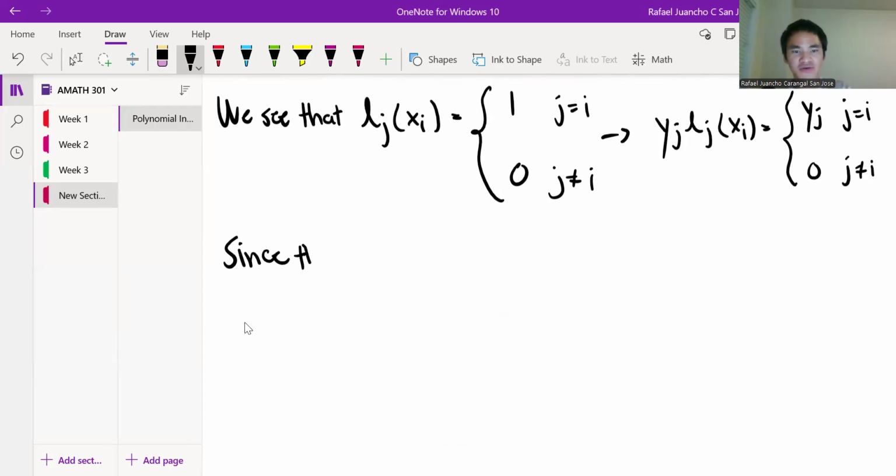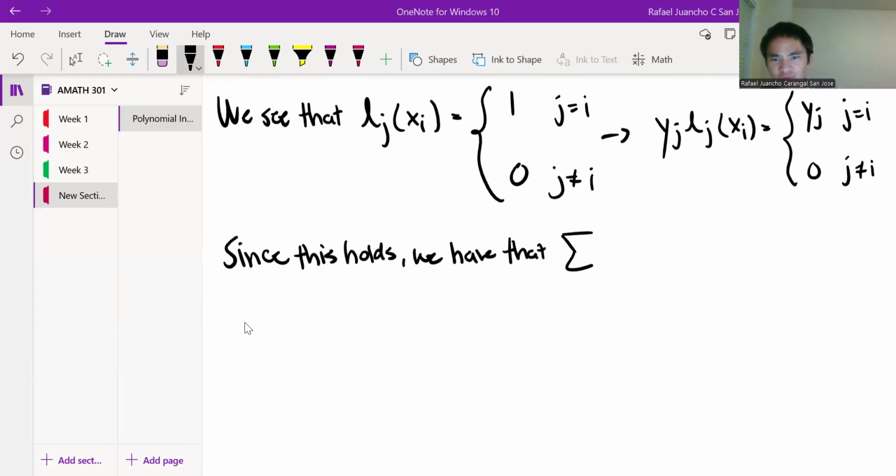So since this holds, we basically have, okay, let me not do a summation yet. We have y, let's use k, why not? k starts at 1, all the way going to n.